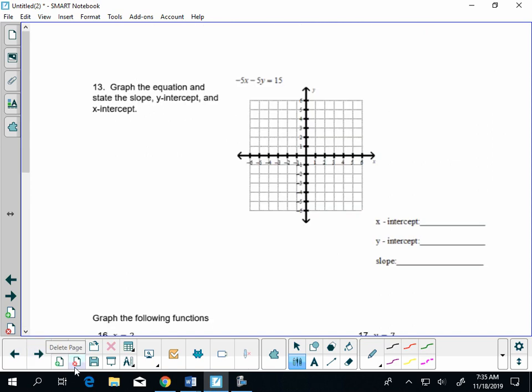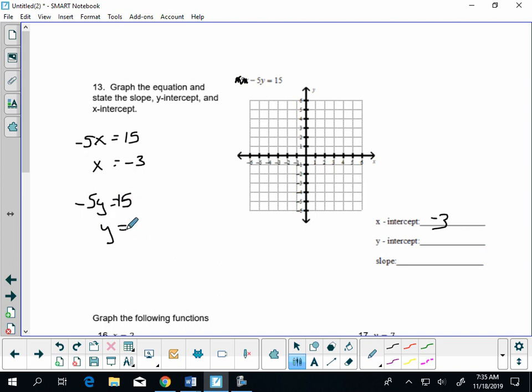All right, here we have to graph again. And again, this is in standard form. So I'm going to find my x-intercept first. Cover up your y's. And when I do that, I get negative 5x equals 15. X is negative 3. And then you need to find your y-intercept. So cover up your x's. Negative 5y equals, sorry, positive 15.